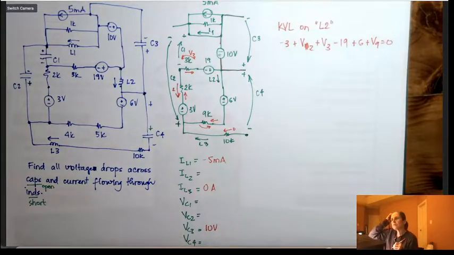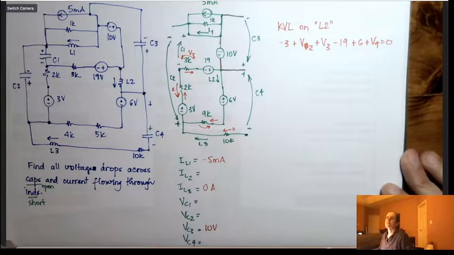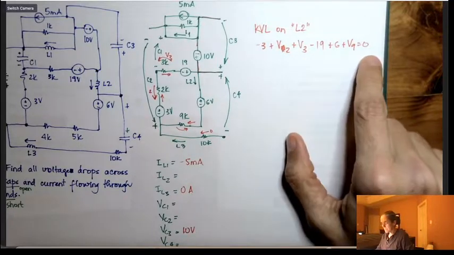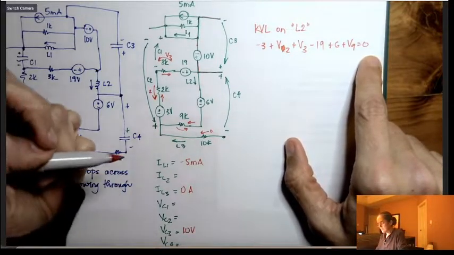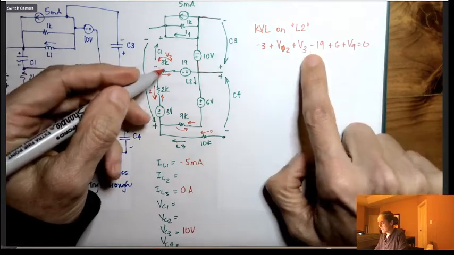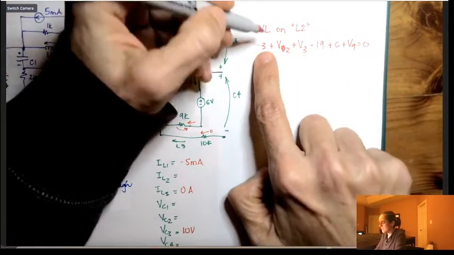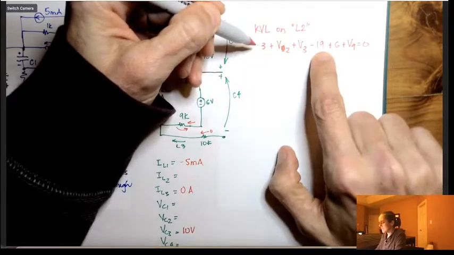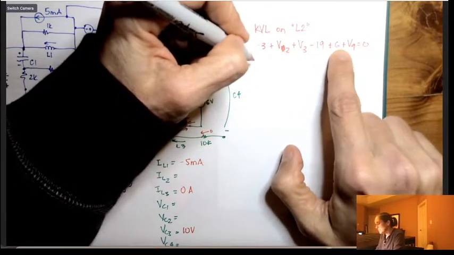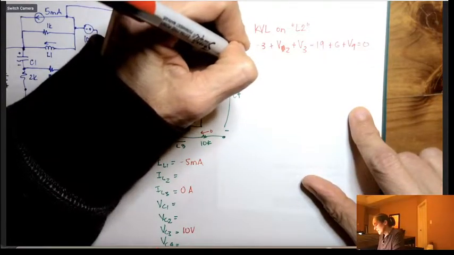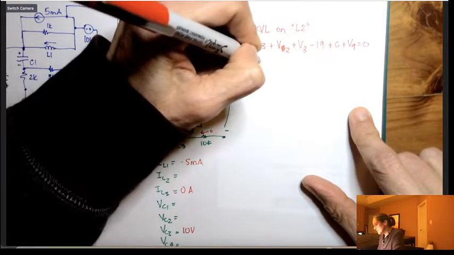Now all of these, V2, V3, and V9, are IL2 times the resistance. So I know that V2 is 2K, V3 is 3K, and V9 is 9K times the current. So I'm going to do minus 3 minus 19 is minus 22 plus 6. I hope that's minus 16.